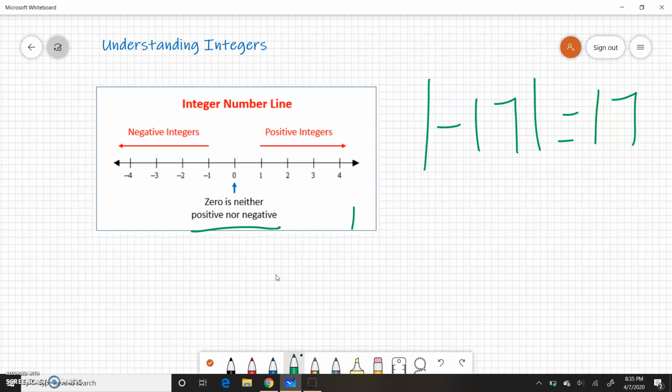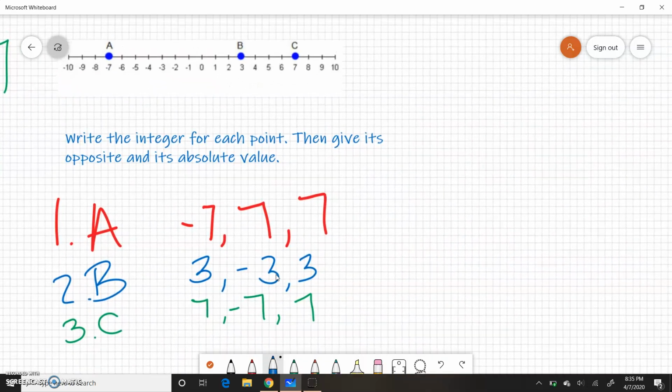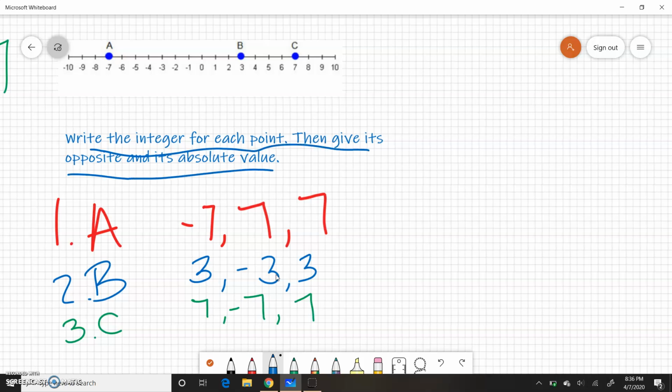And my last reminder is, on your homework today, it's going to say write the integer, then give its opposite and its absolute value. Make sure you write your answers in order of the directions.